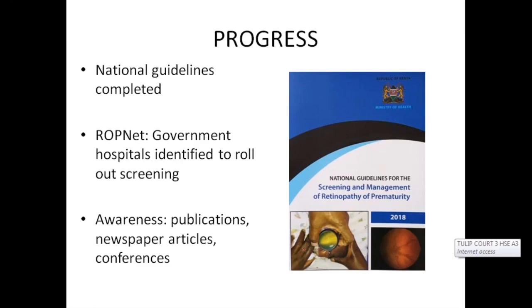Our partnership with the RoPNet is also going to assist us to roll out screening in government hospitals. We have picked a few to start out this program, and that is basically where we have seen blind babies coming from. And then hopefully we will be able to roll out to the rest of the country with time.